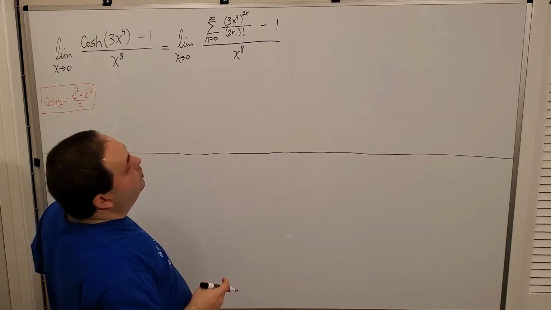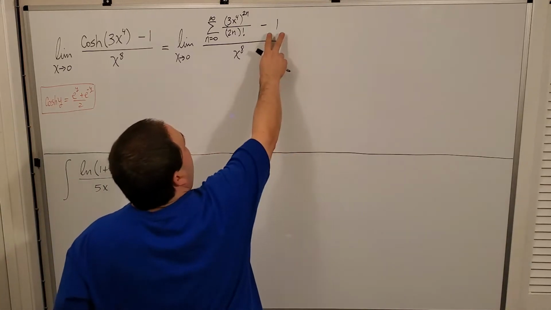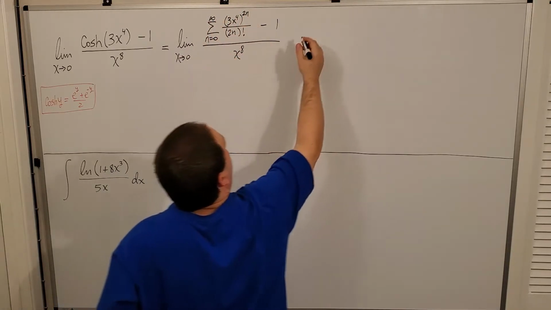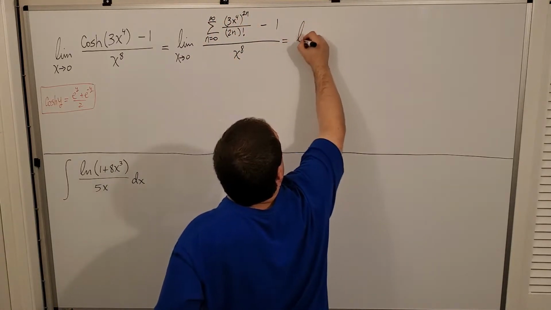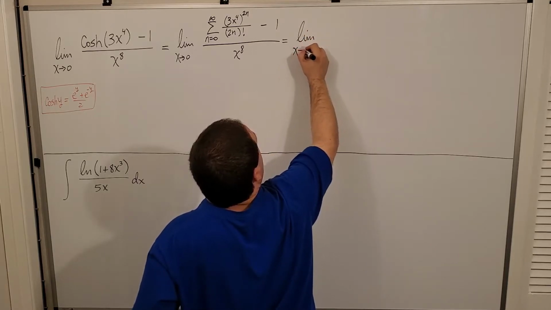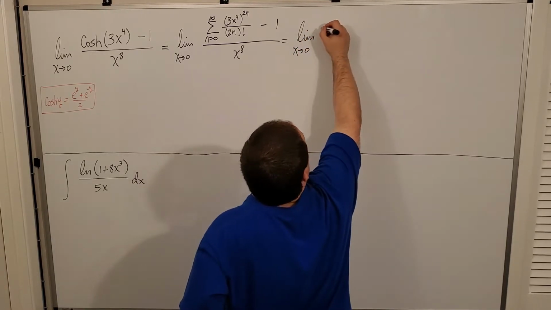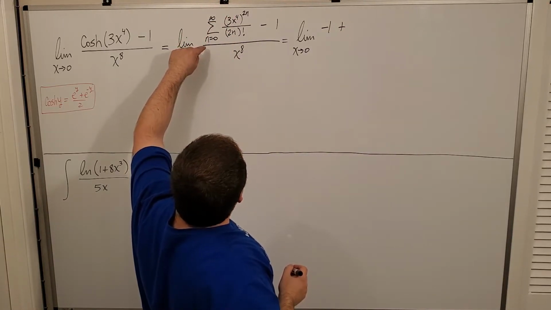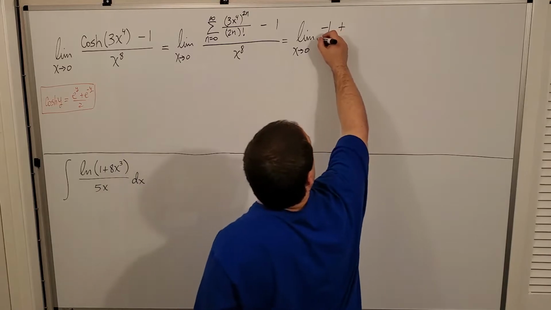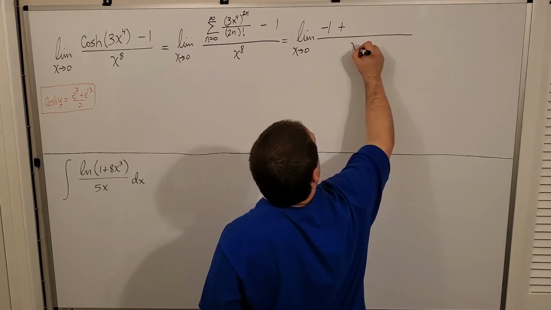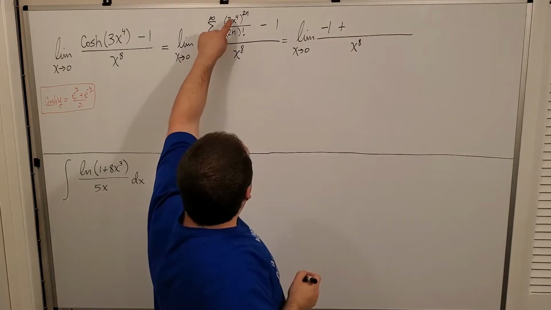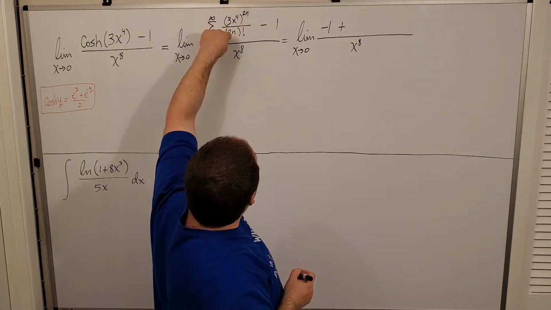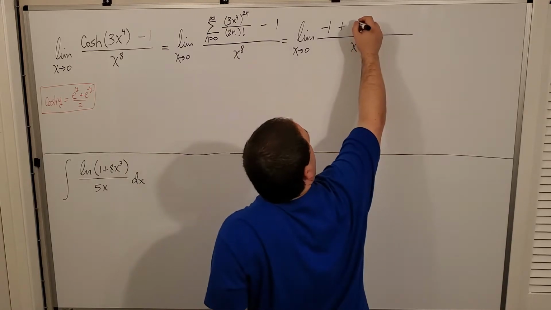Okay, so what I'm going to do is shift this negative 1 up to the front, and write out a few of the terms of this. So I have the limit as x goes to 0 of negative 1 plus the first few terms. When n equals 0, I'm going to have the 0 power here, which is going to be 1, and 0 factorial, which is 1. So I've got 1.